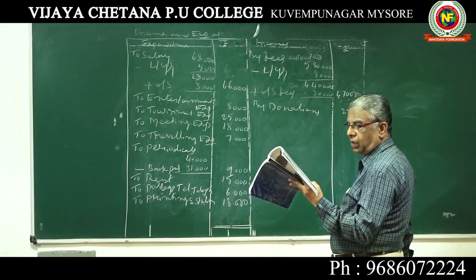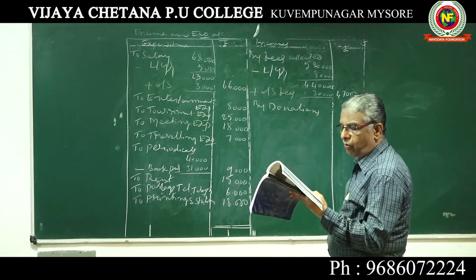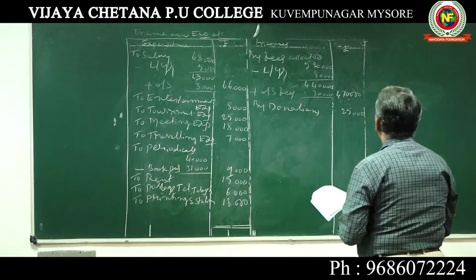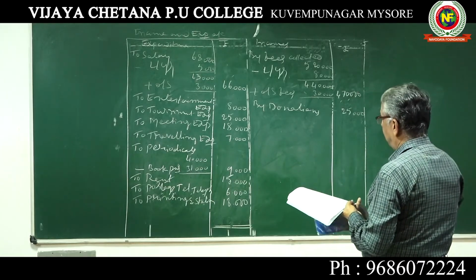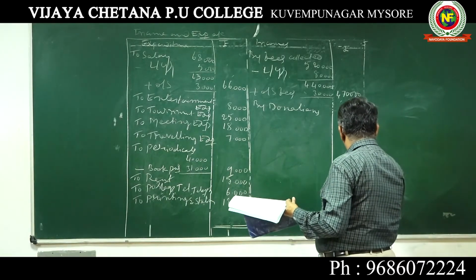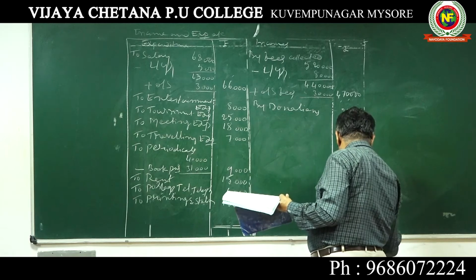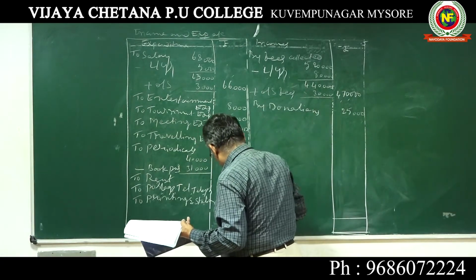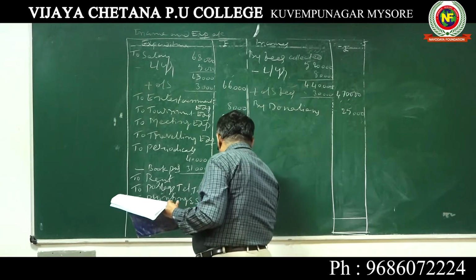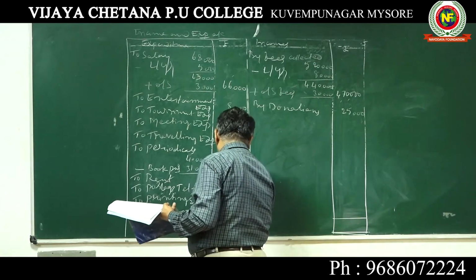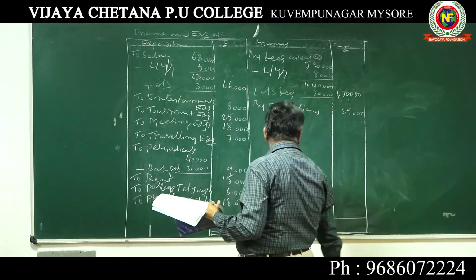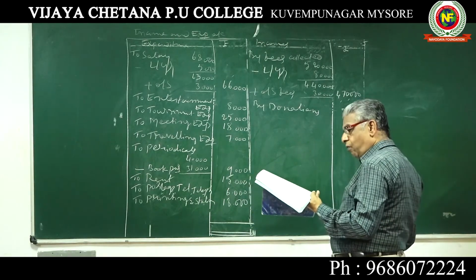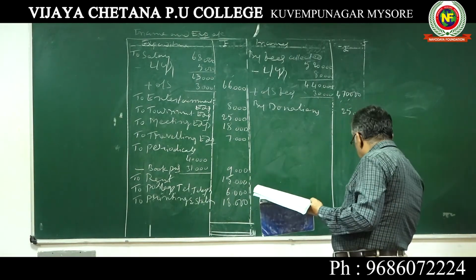Now we have to find out the difference between these two. Just by observation, the income side is more than the expenditure side. So you total this: 4,95,000 total.